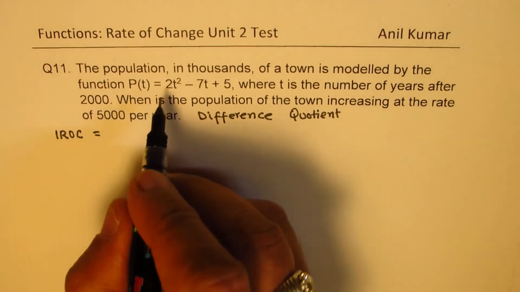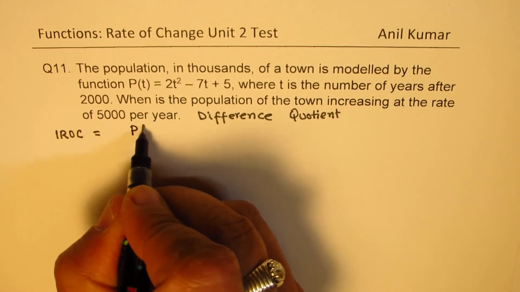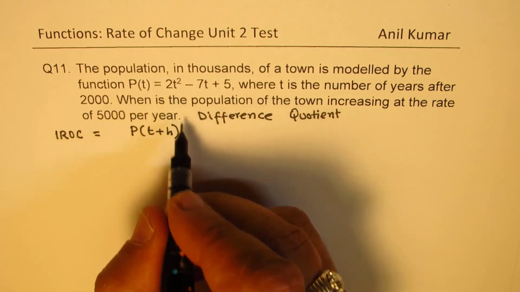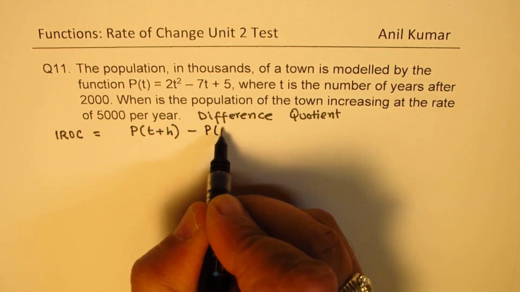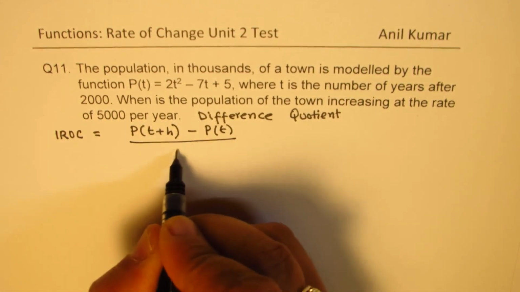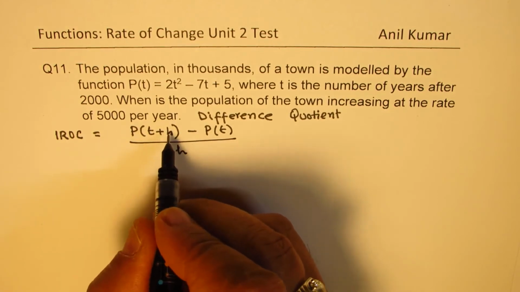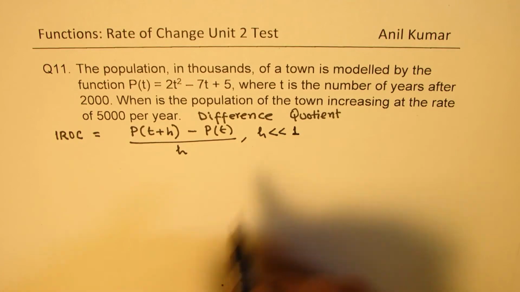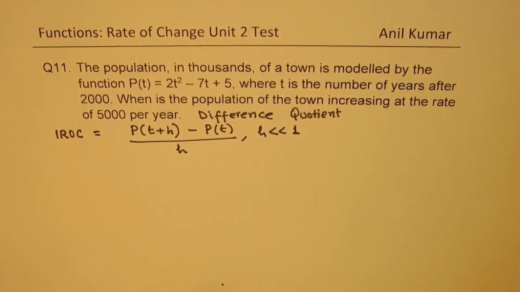So we'll have that difference. So basically we'll find the difference between the population at that time, like this. And here we are assuming that this h is very, very small as compared to 1, right?